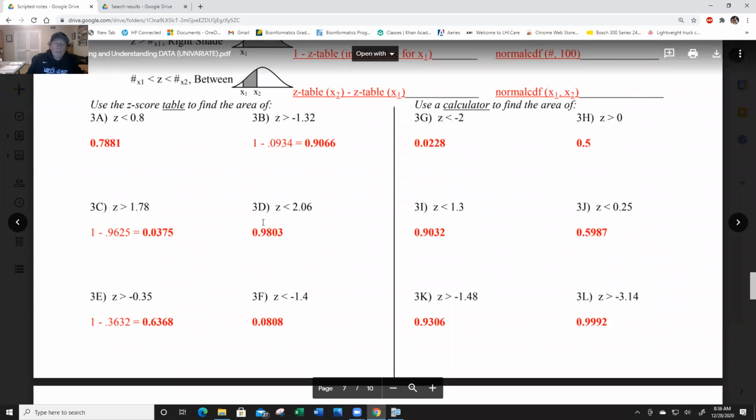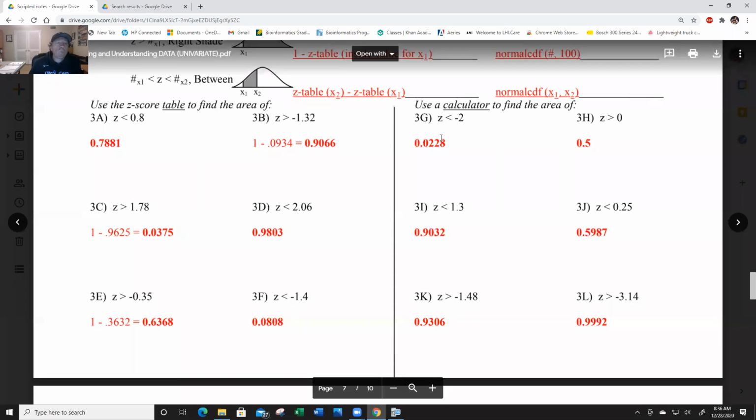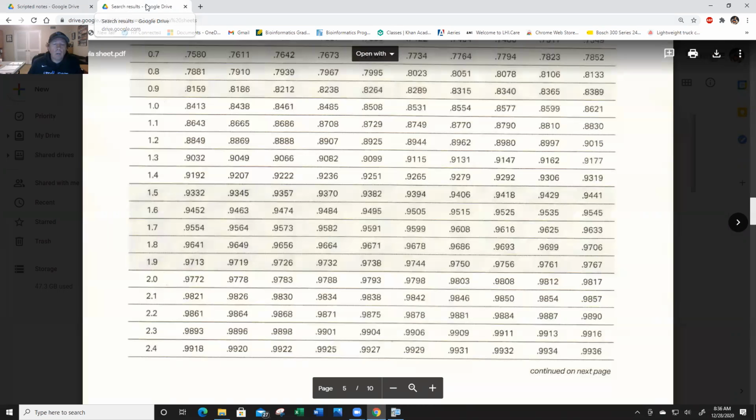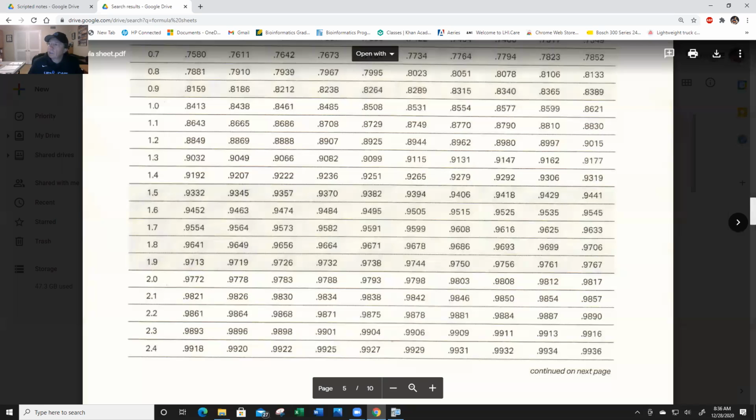Okay, then 3D, the z-score below 2.06. All right, so let's look up 2.06. 2.0 is right here, and then 0, 1, 2, 3, 4, 5, 6. 2.06 right there.